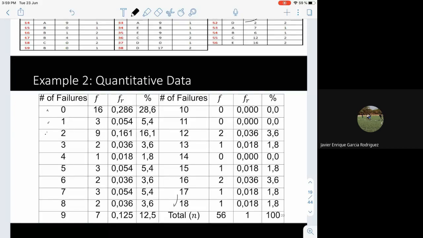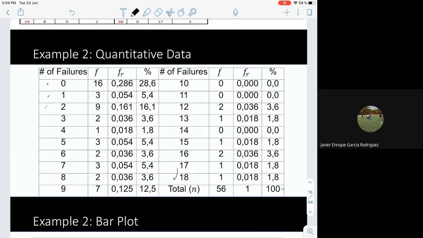Okay, so as I was saying, these are the possible outcomes of the variable, right? Possible numbers of the variable. So it goes from 0 to 18, right? It's a discrete variable, as you said. It's a quantitative variable. Now, once we know the outcomes, we can compute the absolute frequency.